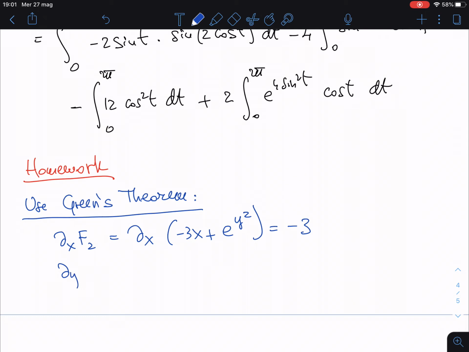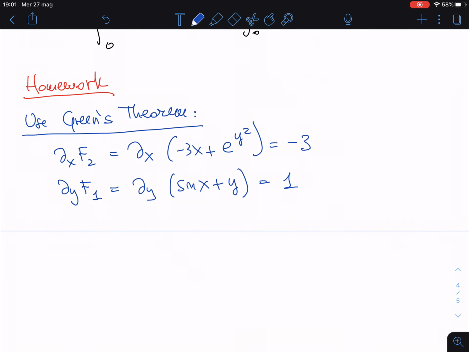And then d_y F1 is equal to d_y of sine of x plus y, and is equal to 1. So d_x of F2 minus d_y of F1 is equal to minus 4.